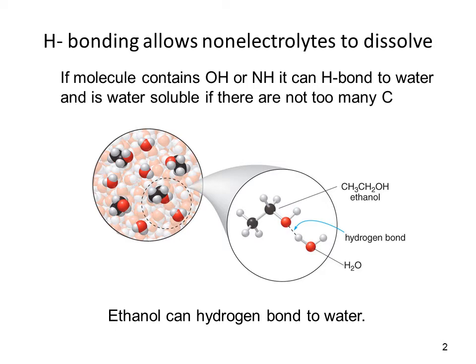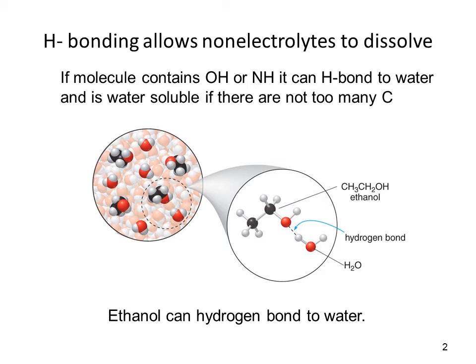That's not written in here, but there is a del negative on the oxygen and a del positive on the hydrogen in both molecules. The del negative on the oxygen in the ethanol will be attracted to the del positive on the hydrogen in the water.